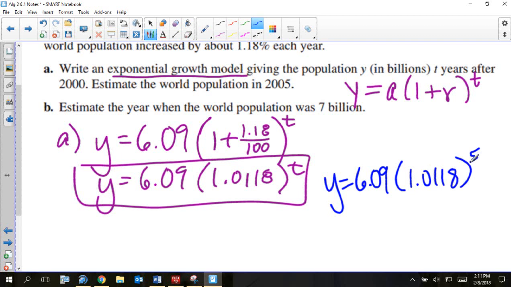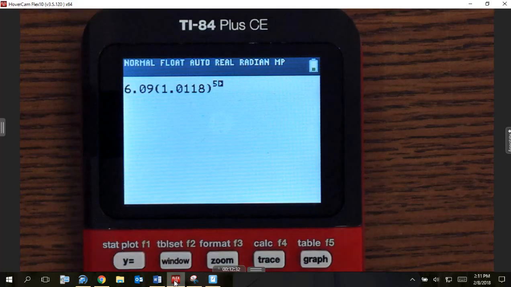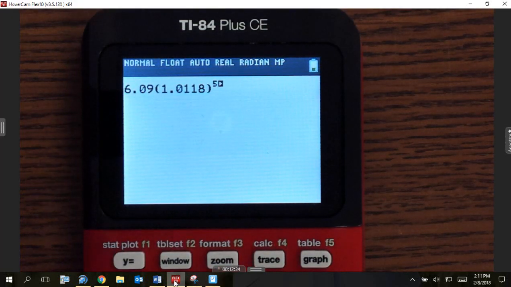Am I going to do that by hand? No. Just type it in my calculator. So you can type that into your calculator. I typed in my calculator, I hit enter.